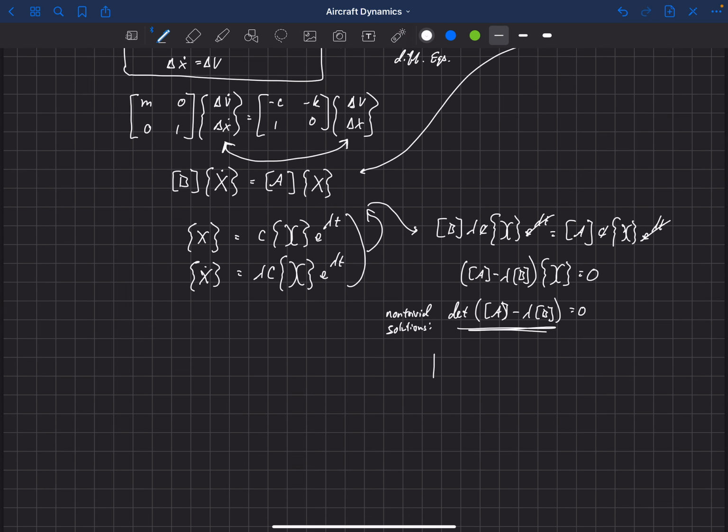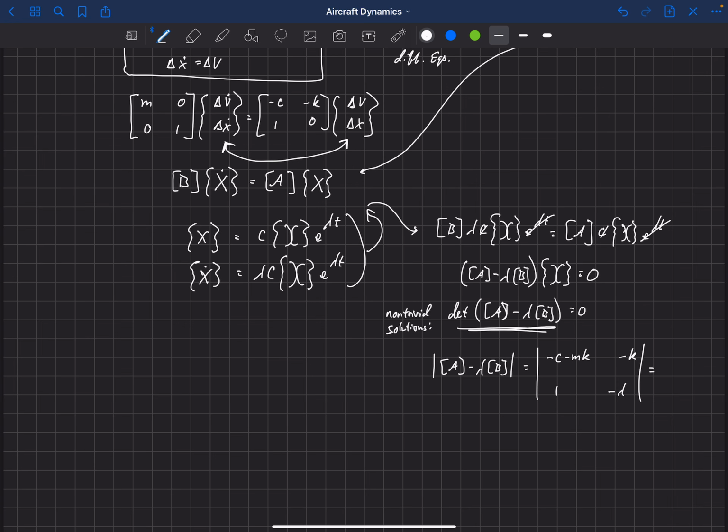So we're looking for A minus lambda B. If I take the determinant of that, what I'm going to get is minus C minus MK right there, and then a minus K right there, and then a 1 and a minus lambda right there.